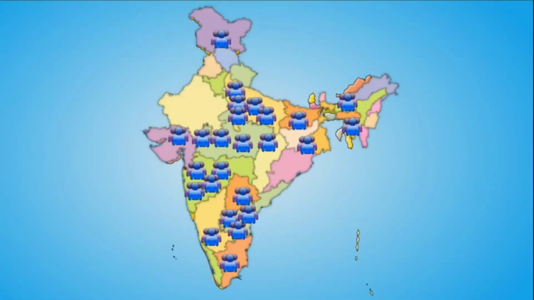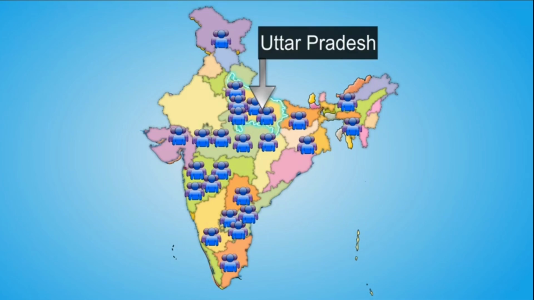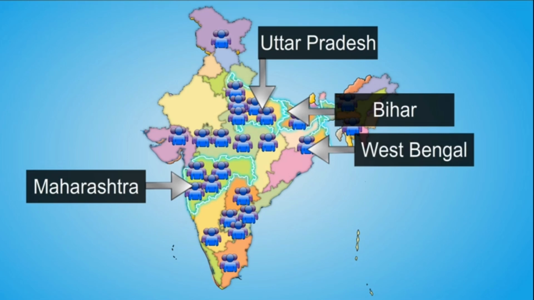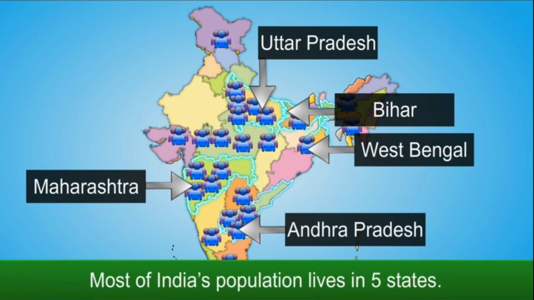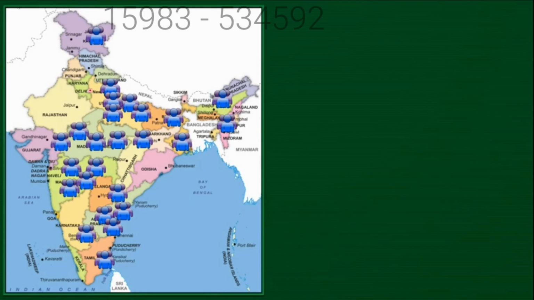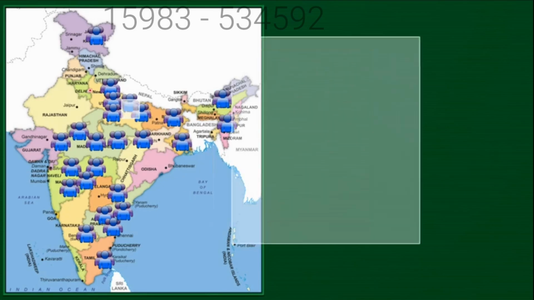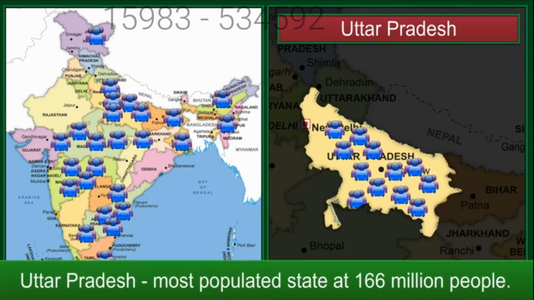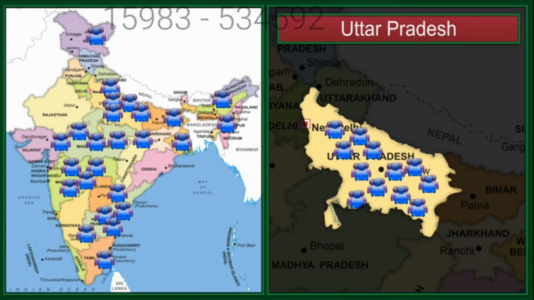Almost half of India's population lives in 5 states: Uttar Pradesh, Maharashtra, Bihar, West Bengal, and Andhra Pradesh. As per the 2001 census, Uttar Pradesh is the most populated state of India with 166 million people. Uttar Pradesh accounts for about 16% of the country's population.